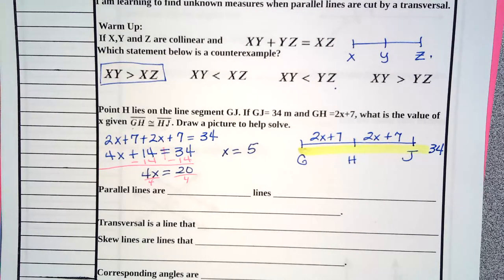Parallel lines. What are parallel lines? If you look at the wall, the intersection of the ceiling and the wall would be one line. Then the intersection of the floor and the wall could be another. Those would be parallel, an example of parallel lines. But how do we define that?